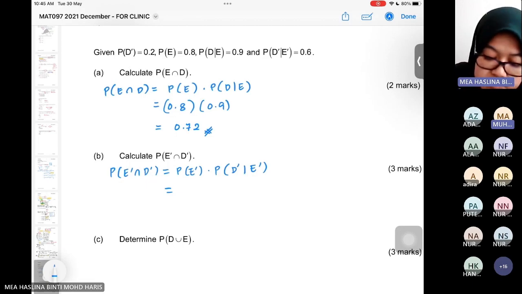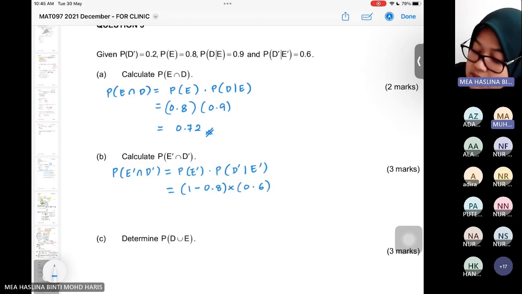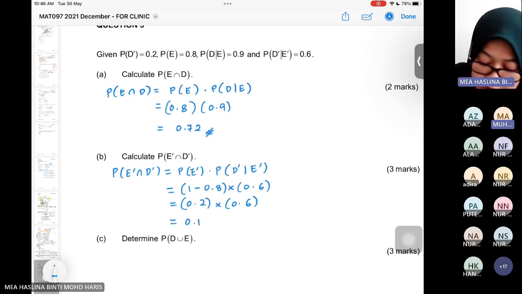So you have E prime, it's not given, but you can find it from 1 minus 0.8, times probability of D prime given E prime, multiplied by 0.6. So we have 0.2 times 0.6, which is 0.12.